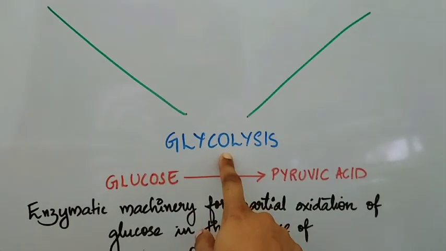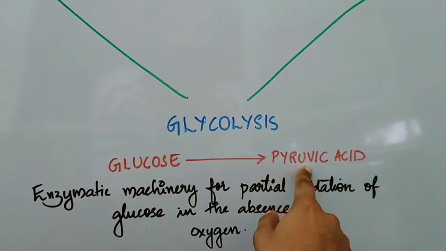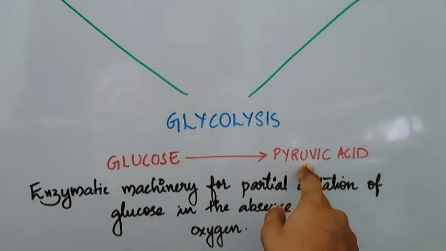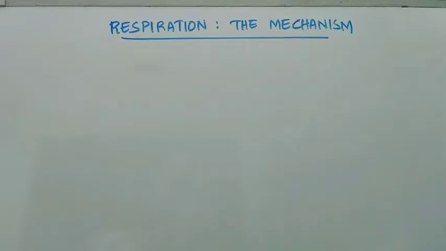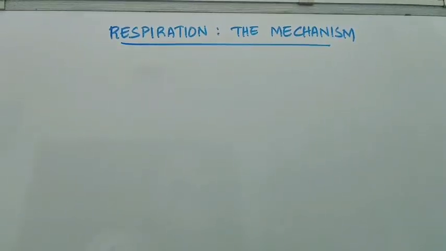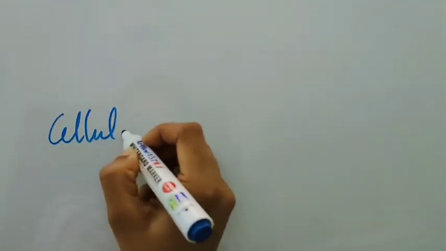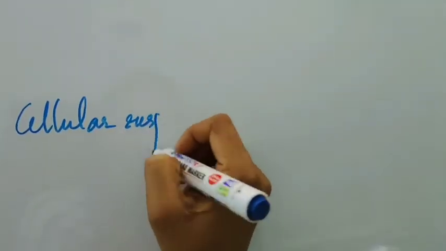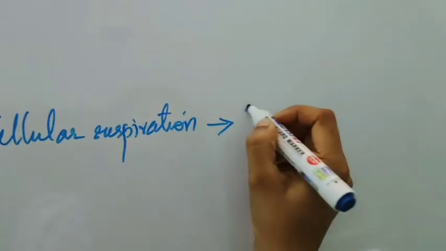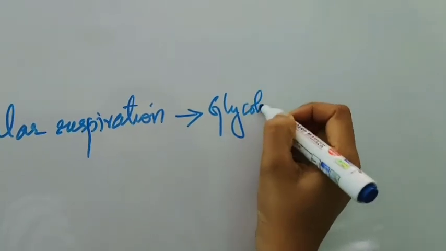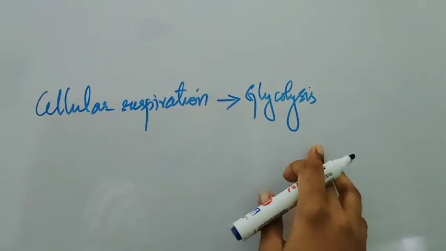What happens during glycolysis? Glucose is being partially digested into pyruvic acid in the absence of oxygen, but in the presence of a lot of enzymes. So moving on to the mechanism involved in respiration. Whenever you talk about cellular respiration, the first step in it is glycolysis, wherein glucose is converted into pyruvic acid.